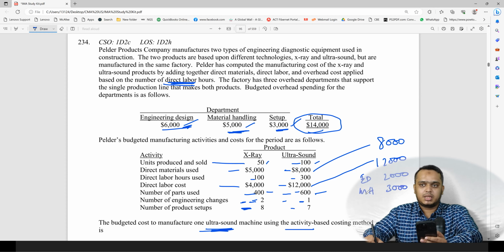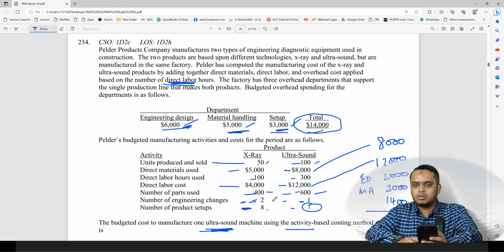And afterward, the last is my production setup cost. So 8 and 7, 8 plus 7 is 15. So 3,000 divided by 15 is 200. And how many setups did I do? 7. So the per-setup cost was 200, multiplied by 7 gives me 1,400.